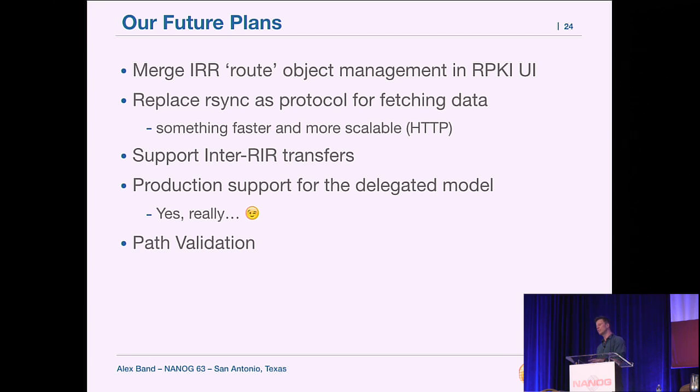And also the people in the secure interdomain routing working group, they were like, you know, that is actually something that we should look at. So currently we're building a prototype to replace rsync with something more scalable and something faster, HTTP.